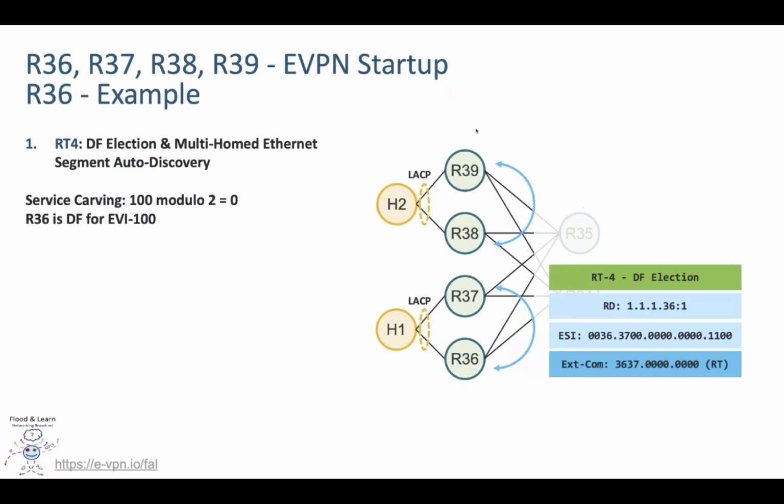So the router with the lower BGP router ID will be the DF for this particular EVI. When you have EVI 101, again you do 101 modulo 2, and you get 1, so router 37 will be the DF. And completely the same will happen on routers R38 and 39.